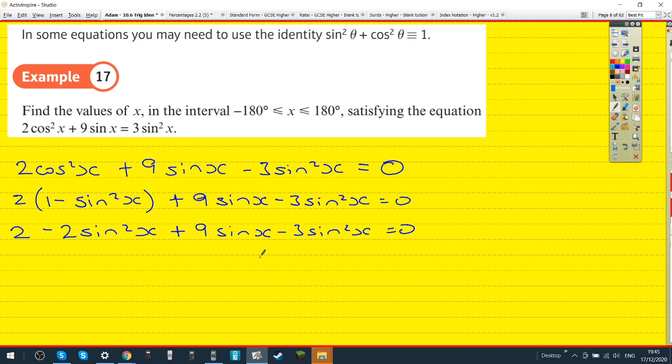And then I don't think there's anything you can simplify. Sure there is, we've got 2 different sine squared terms. Oh yeah. So would you convert them to a first, or would you just simplify? Whichever you prefer. So would you minus 2 sine squared x from minus 3 sine squared x? Yep, what do you get?